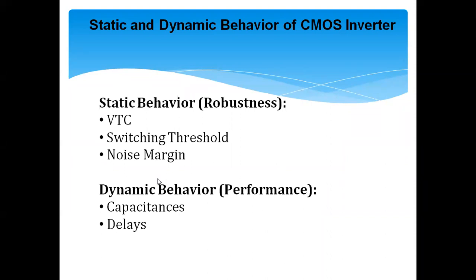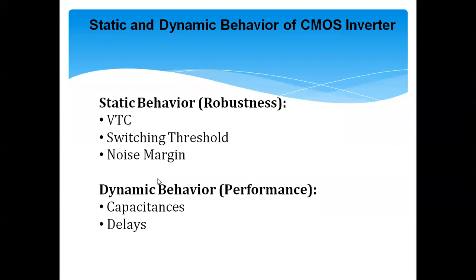Now in static behavior, what are the different parameters or points that you should check? First, you should check the VTC. What is VTC? Voltage transfer curve, switching threshold, and noise margin. So these three parameters together will be analyzed as the static behavior to check the robustness of the CMOS inverter.